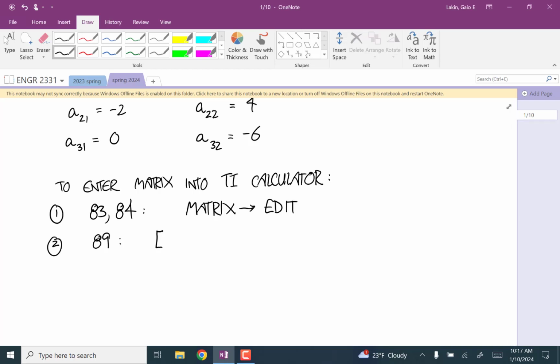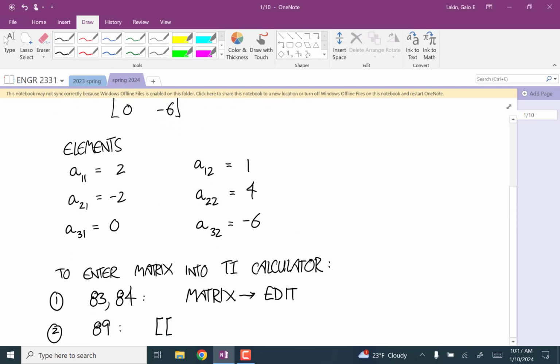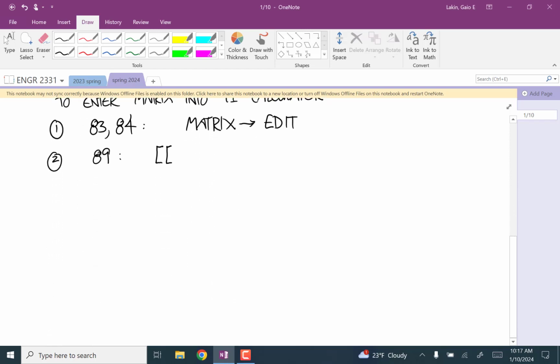The first way is you go row by row, and inside these square brackets, you have more square brackets to define the row. And then inside the row, you separate the elements by a comma. So to do the matrix that I gave you above, is that right? 2, yes.